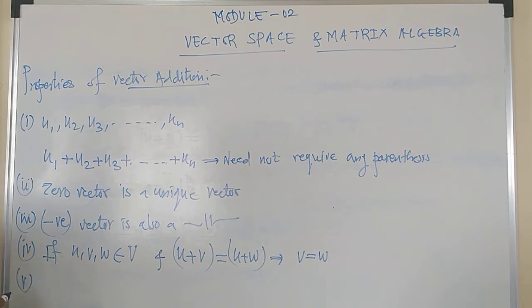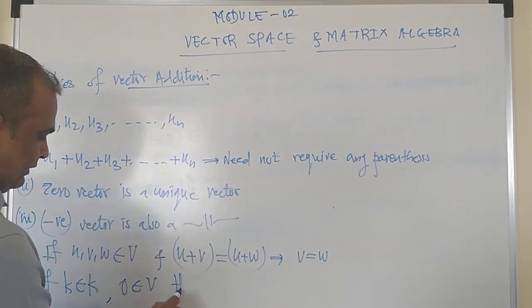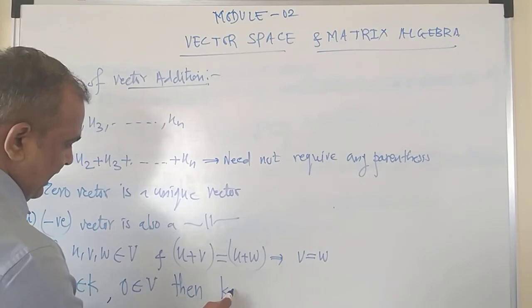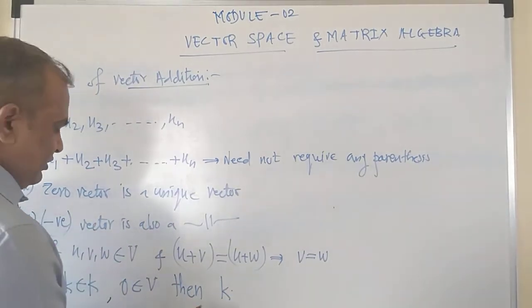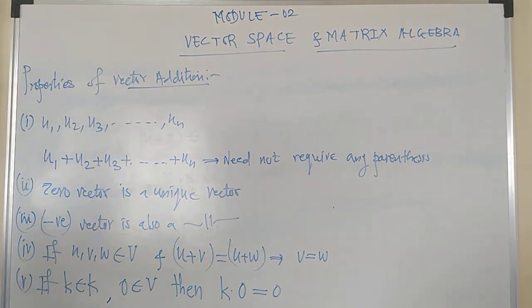The next property of the vector addition is: if k is any scalar which belongs to the field capital K, and if 0 belongs to the vector field capital V, then the scalar multiplication of scalar k into a zero vector is equal to 0, right? The next property is if 0 is any scalar.